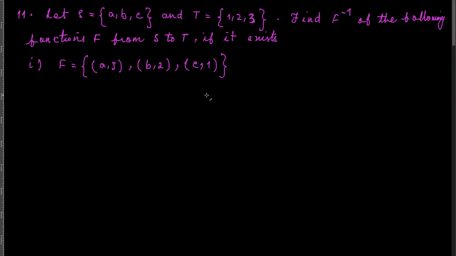So that is the function that we have, and this function is of course from S to T. This means that f of a is equal to 3, f of b is equal to 2, and f of c is equal to 1.